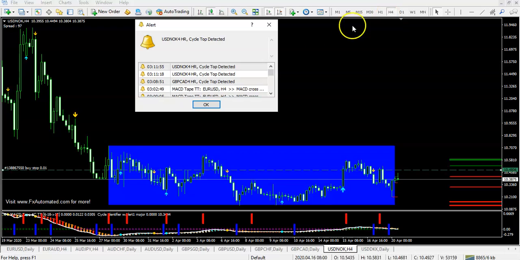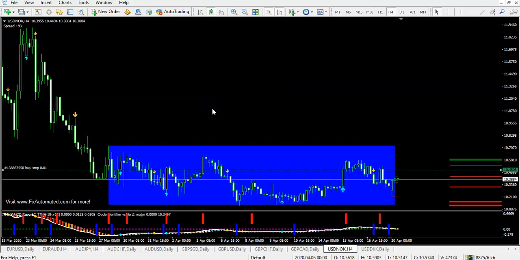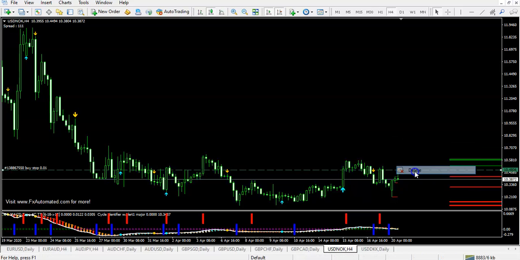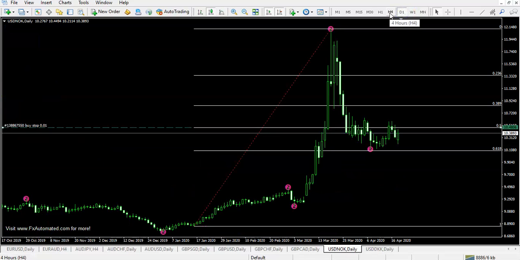It's been ranging between the 618 and 50% level. If I was to put a stop loss, buy stop here. Oh, I did put a buy stop here.